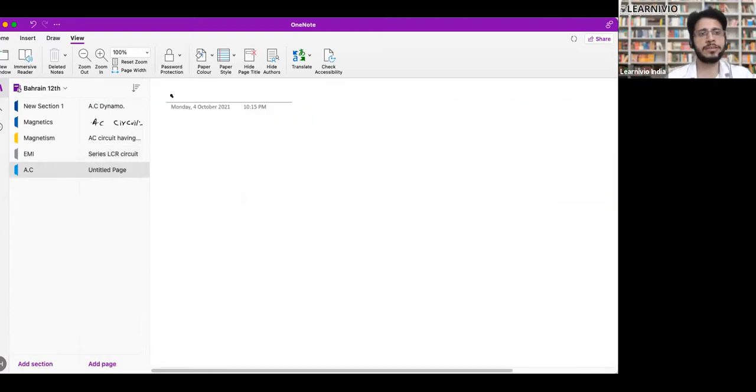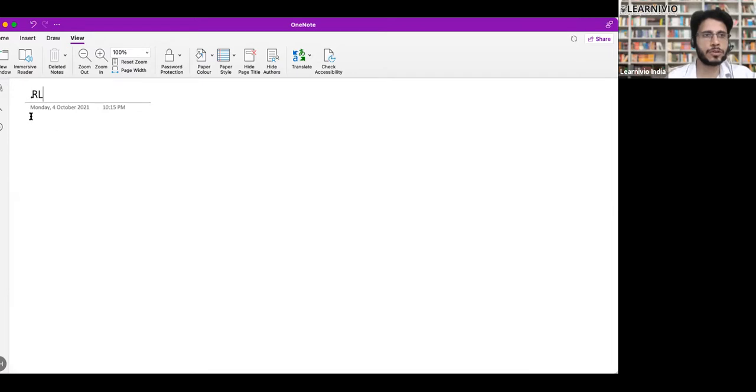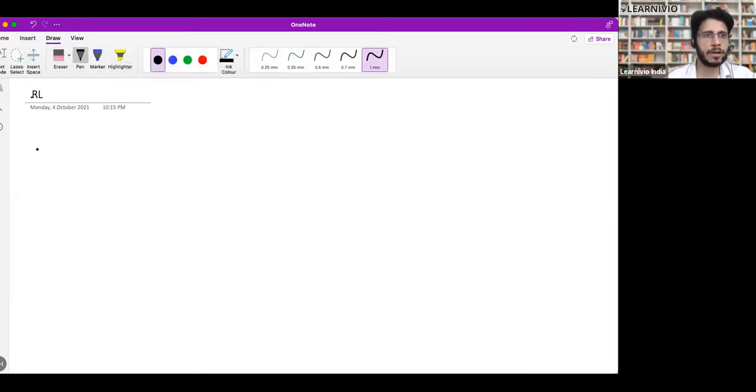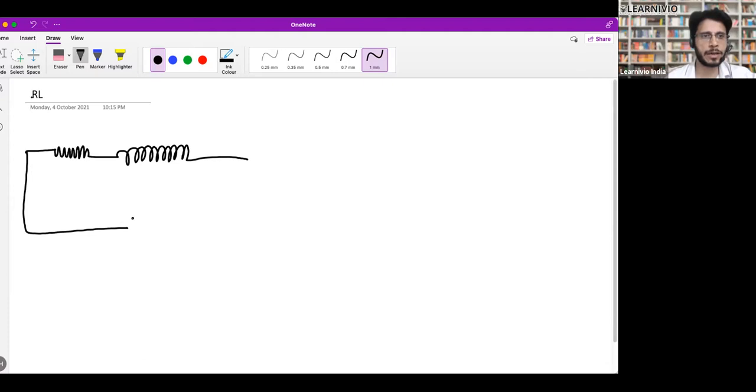So the next is the RL circuit. In the RL circuit, you have a resistor and one inductor in series, and they are connected to an AC supply. This is resistor R, inductor L. AC supply is I naught sine omega t.